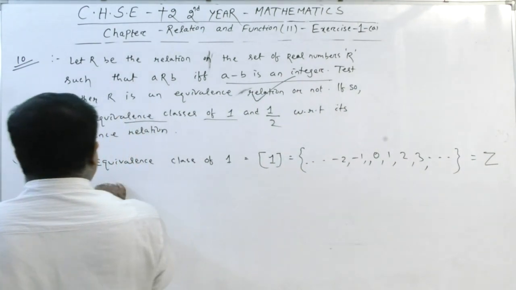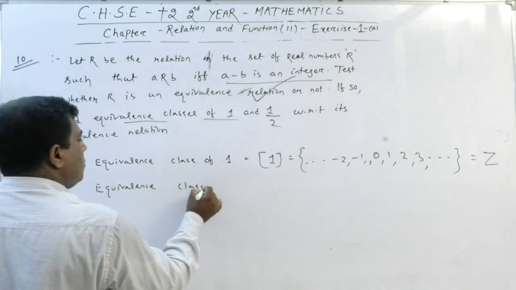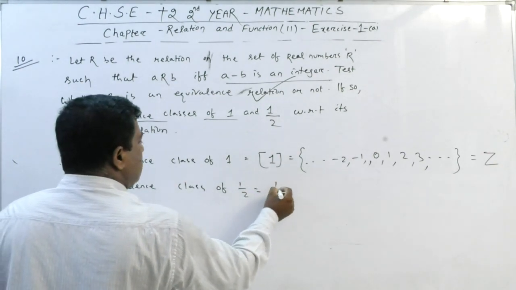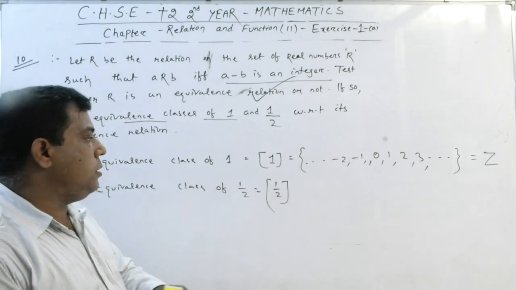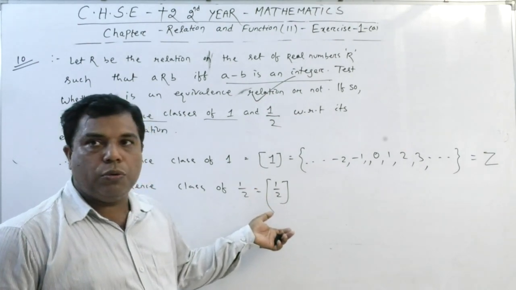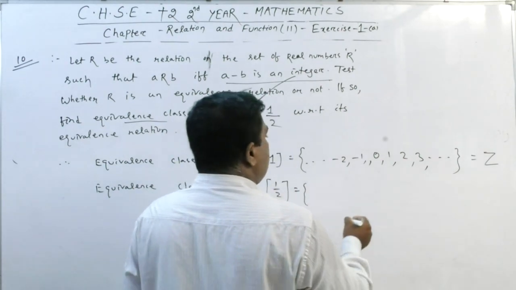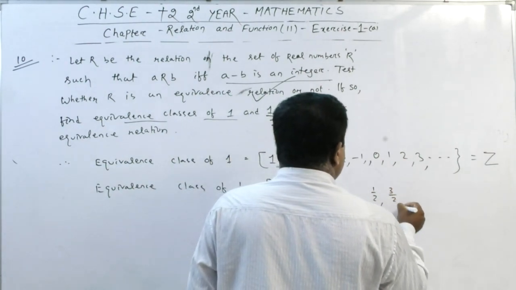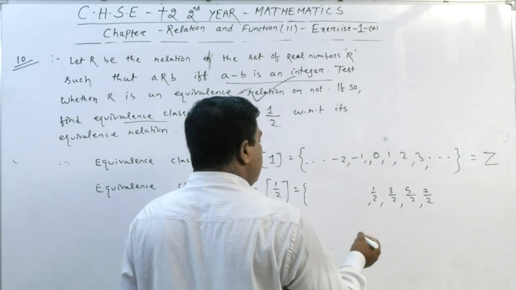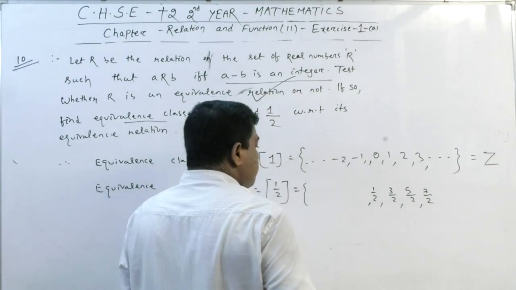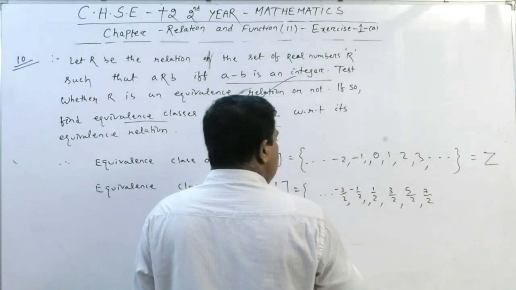Clear? Now the equivalence class of 1 by 2 is written like this. It is the set of those numbers which, when subtracted from 1 by 2, give an integer. You see, it is 1 by 2, 3 by 2, 5 by 2, 7 by 2, and minus 1 by 2, minus 3 by 2, yes or no?